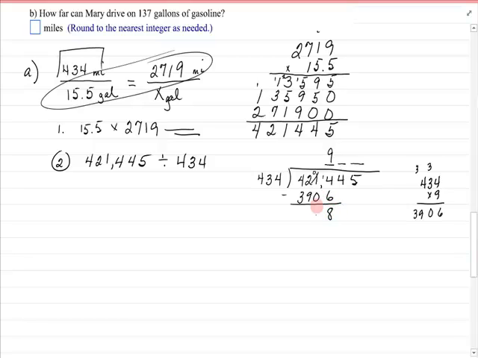That's 8. That's a 0. Borrow again. 9 from 12 is 3. And bring down a 4. All right, I think that will go in there about seven times.